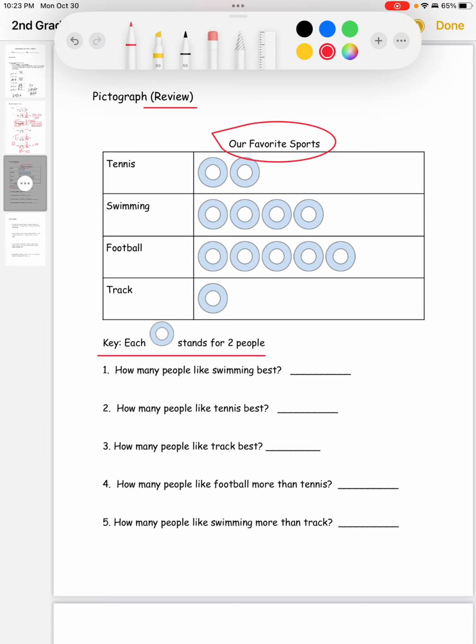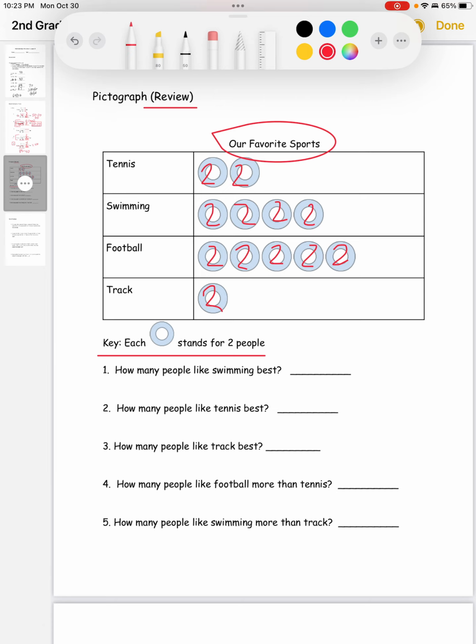Each circle stands for 2 people. So this would be 2, 2, 2, 2, 2, 2, and 2, 2, 2, 2. If you forget about the key or don't understand the key, just write down 2 or whatever number each key stands for.